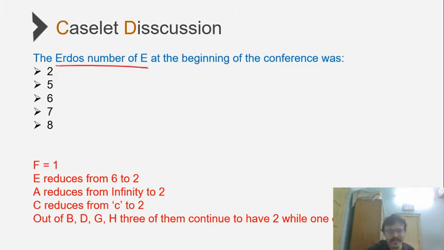The Earth number of E at the beginning of the conference was how much? Anybody? Earth number of E at the beginning of the conference?